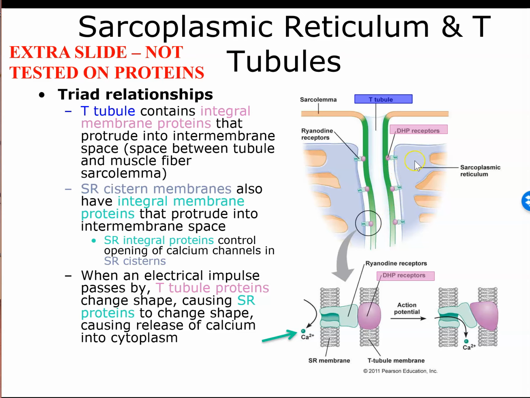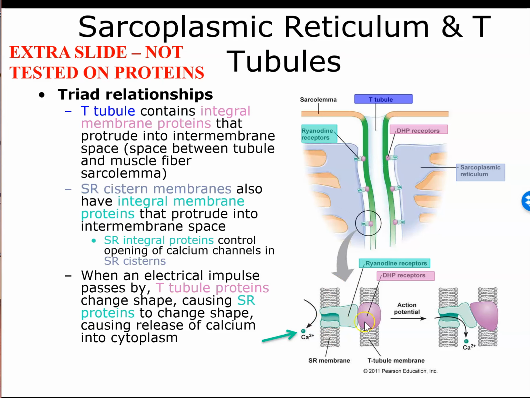Then we have our SR cisterna membranes that are going to be associated with integral membrane proteins as well. But this one is called the ryanodine receptors that will also protrude into the intermembrane space. These proteins or receptors are going to help to control the opening of the calcium channels in the SR cisterns.